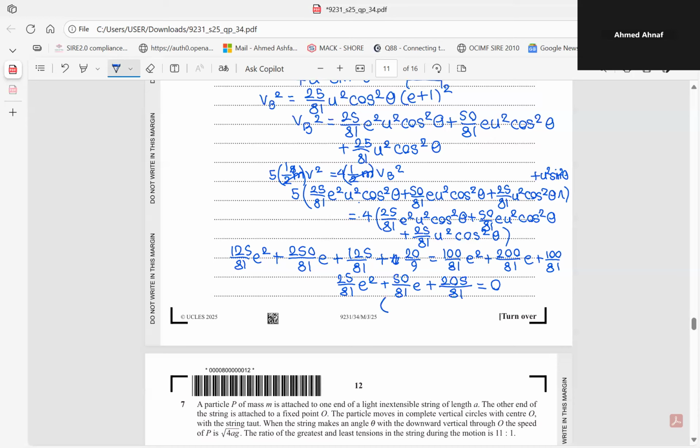So I'm just going to simplify and factorize in one step. So factorizing 25 plus 50, 205. Wait, what? 25 over 81, 50 divided by 81, 205 over 81. Wait, what?